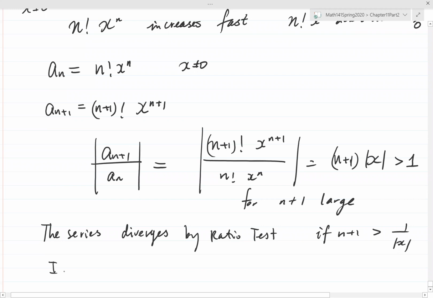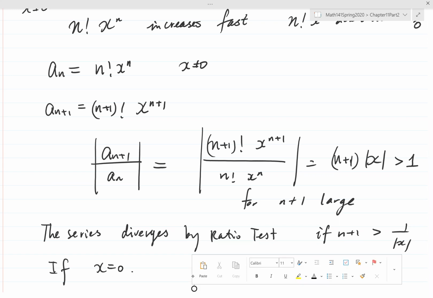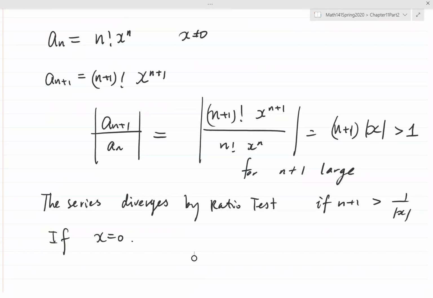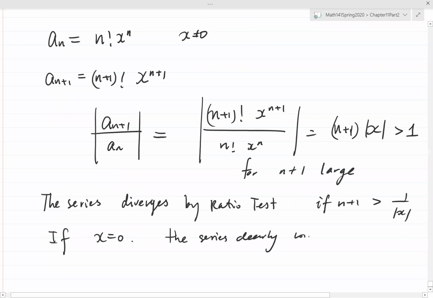Now if x is 0, that's easy. Every term is 0, because 0 multiplied by anything is 0. So the series clearly converges to 0.